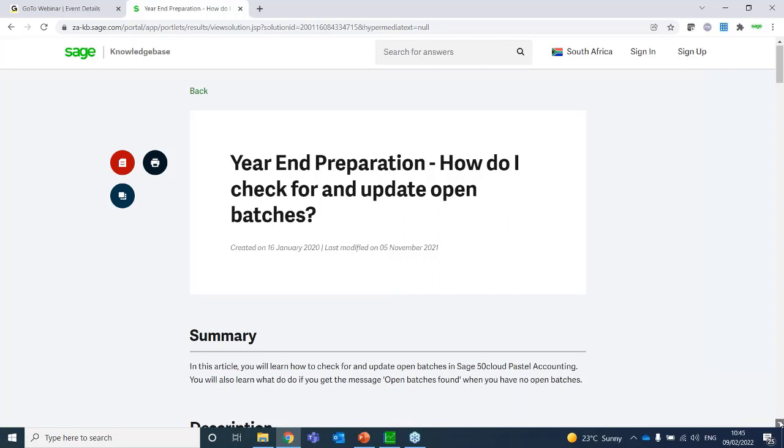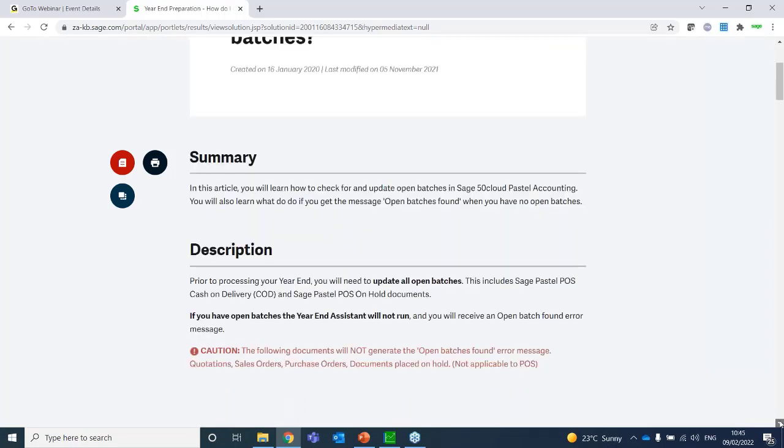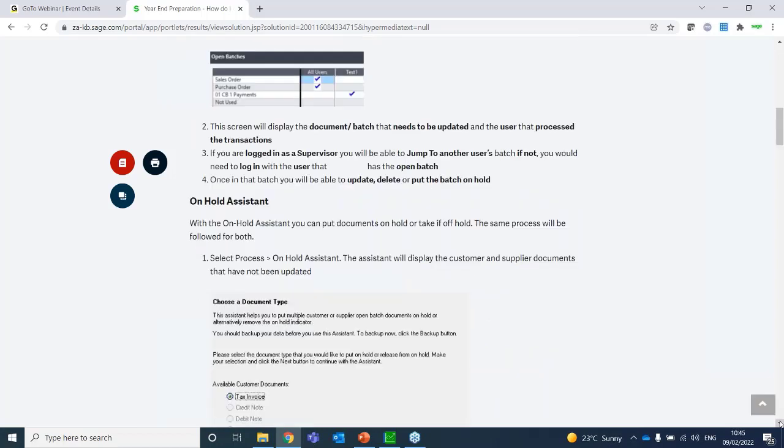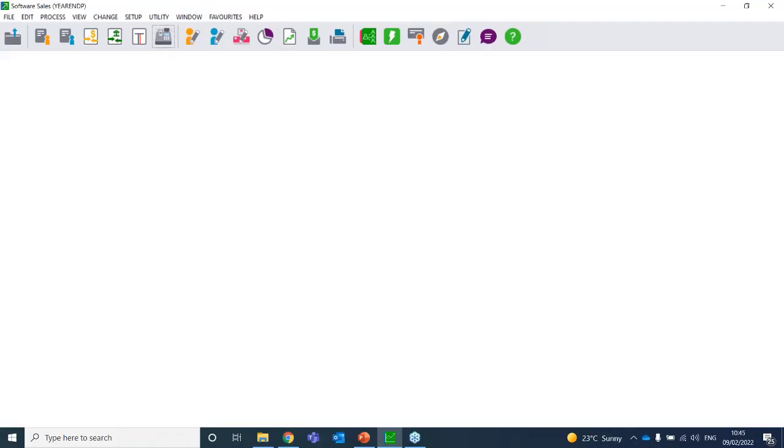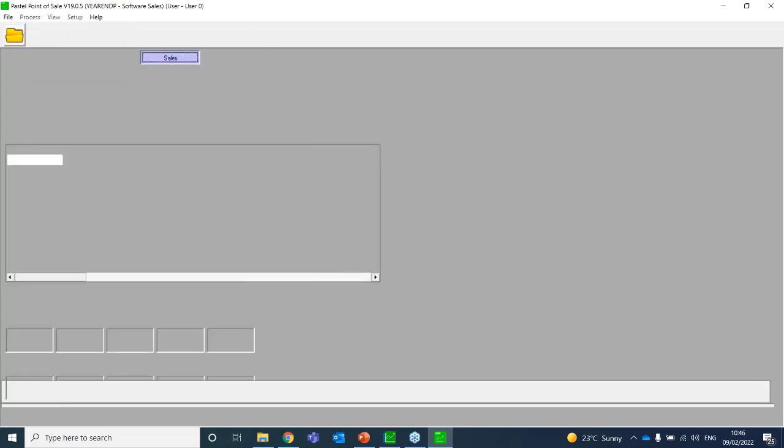So guys, generally, point of sale documents cannot be placed on hold or COD. And the reason for that, because a lot of people, that's been a question that's been asked. How come point of sale can't be placed on hold? So what we're talking about here, guys, is actual point of sale processing.